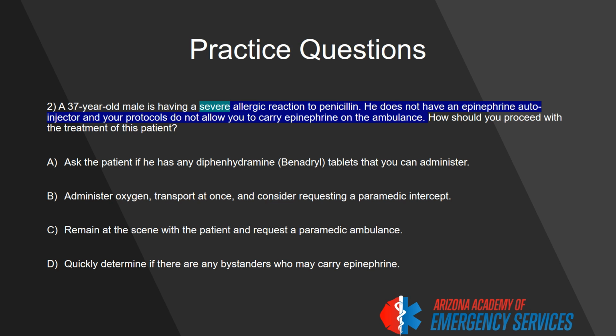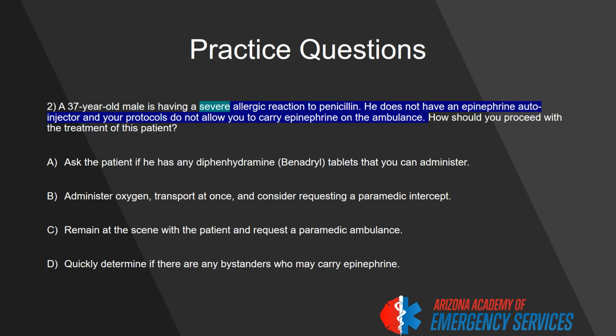Your mindset goes, anaphylaxis, I need to administer epinephrine. But the registry tells you the patient does not have an epinephrine autoinjector. And reading further, your protocols do not allow you to carry epinephrine on the ambulance. So basically what the registry is telling you based on this primary information is this patient is most likely experiencing anaphylaxis. You know you have to treat it with epinephrine, but there is no epinephrine available.